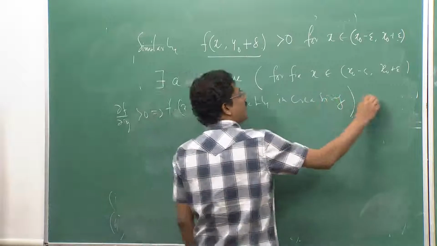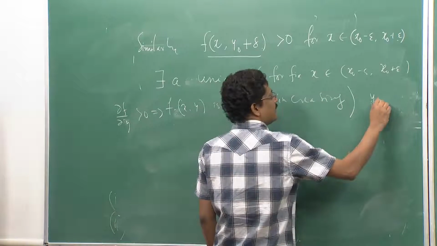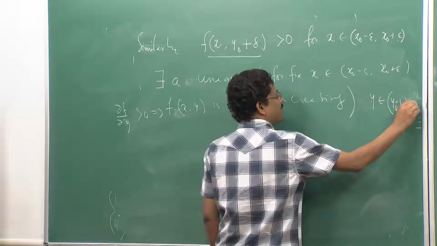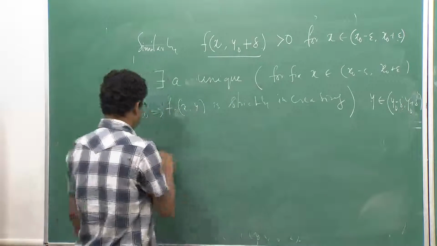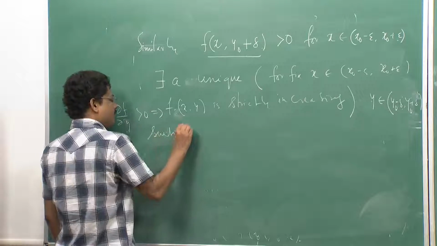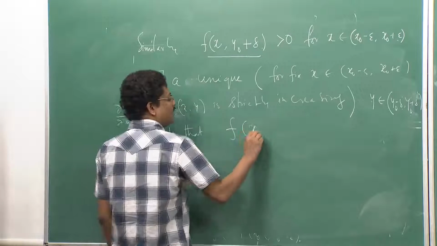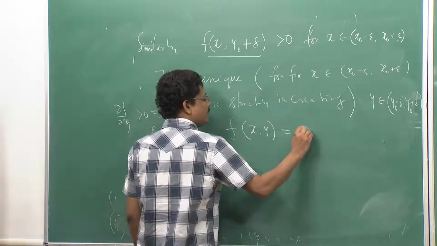There exists a unique y in the open interval (y0 − δ, y0 + δ) such that f(x, y) equals 0.